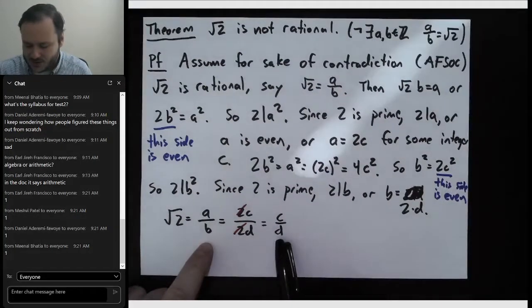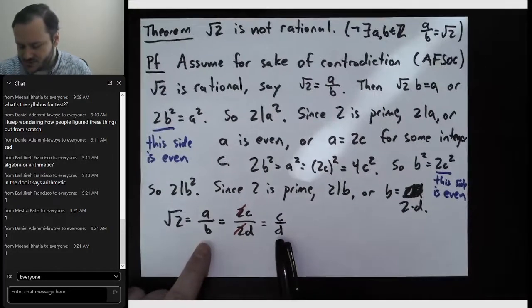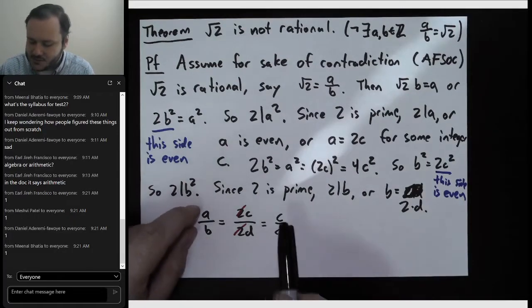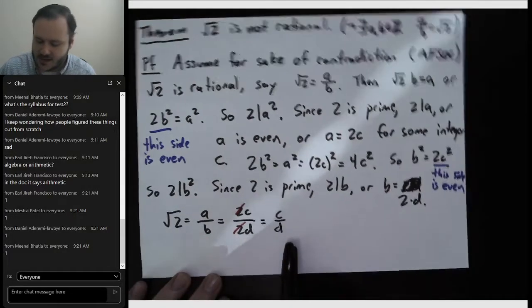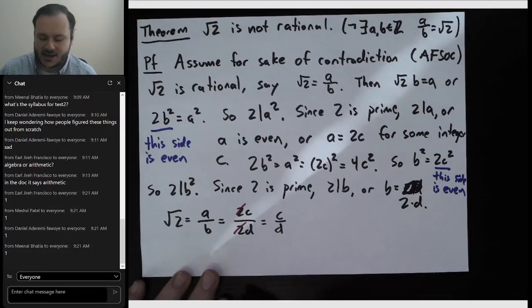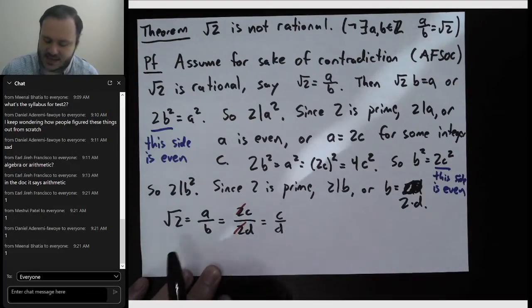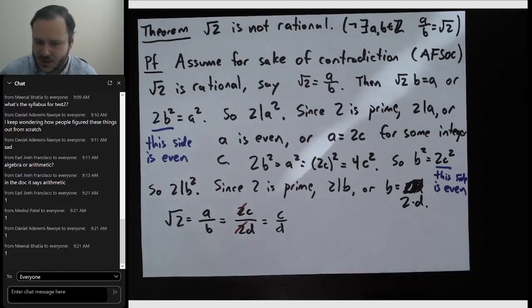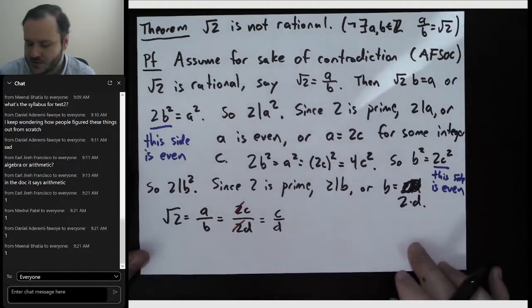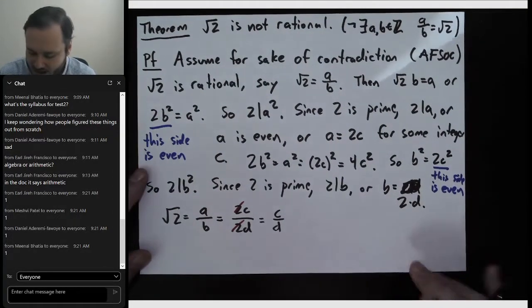But there's a problem here. Now I could do the same thing, right? I could replace a and b with c over d. I could do this whole same process, and I could get another copy of 2 that I could cancel out. And according to this, I can keep canceling out powers of 2 forever. And that's an issue. If a and b are in lowest terms, they can't share any common factors.